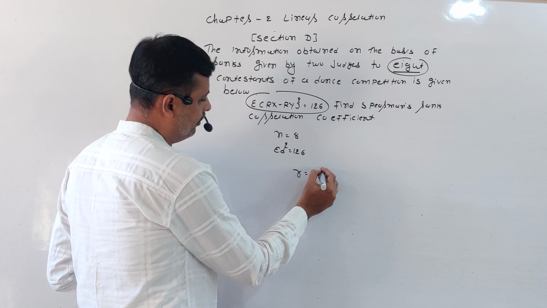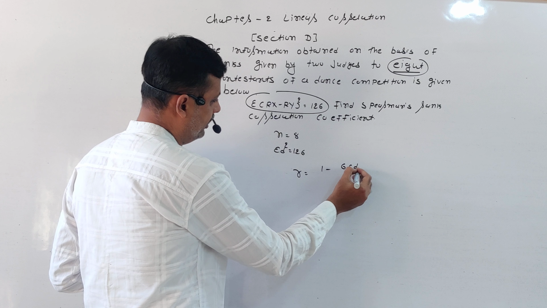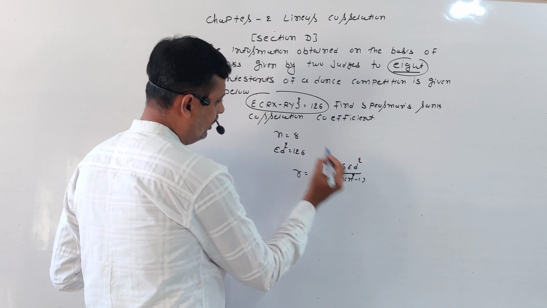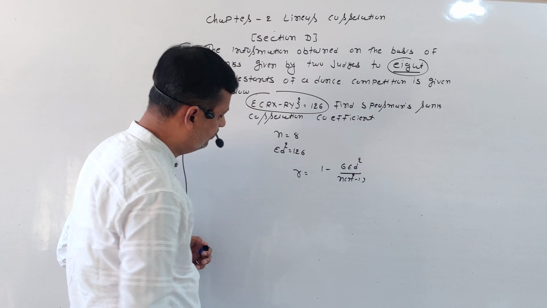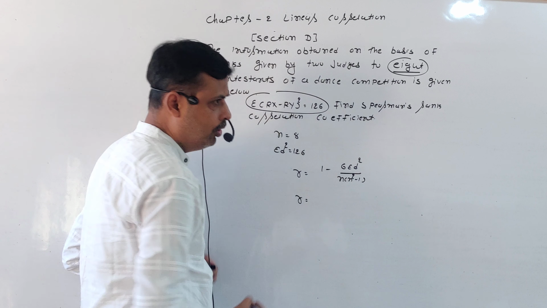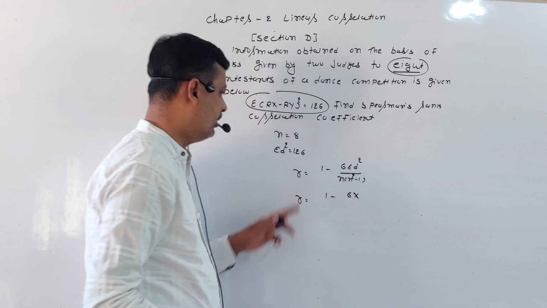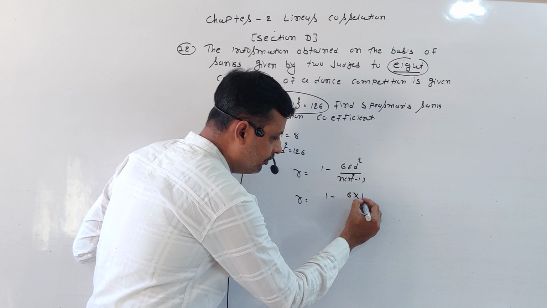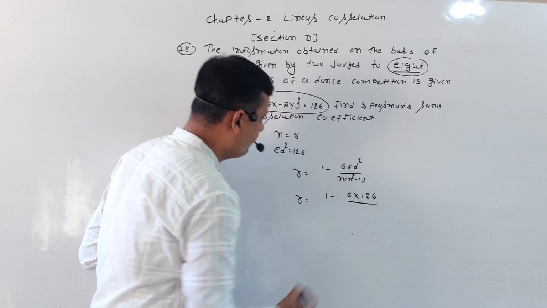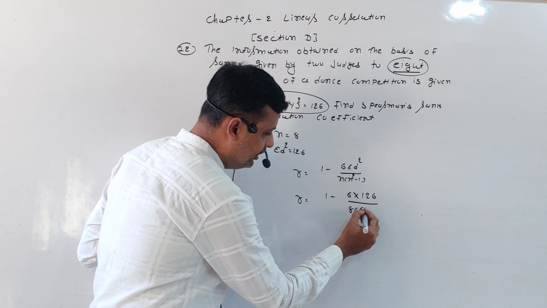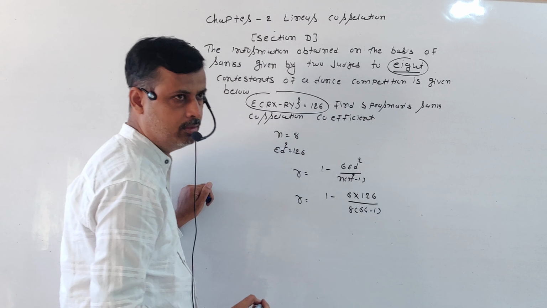So R is equal to 1 minus 6 sigma D square upon n into n square minus 1. So 1 minus 6 sigma D square, which is 126, upon the number of contestants, that is 8, 8 square 64 minus 1.